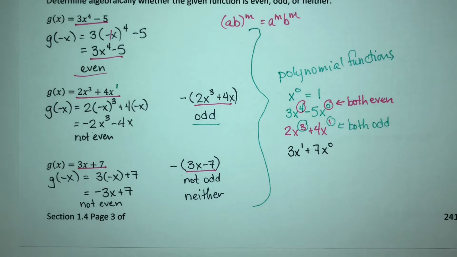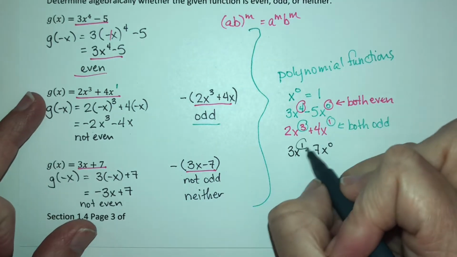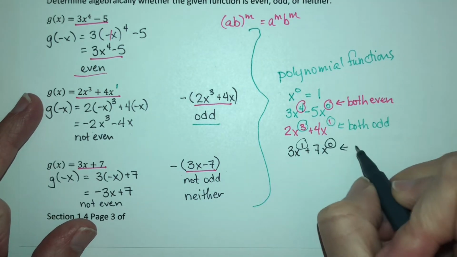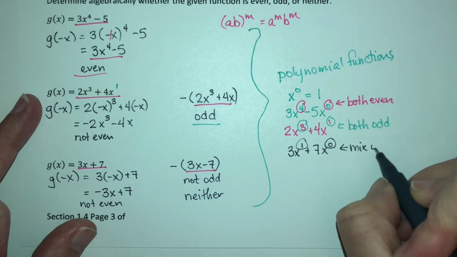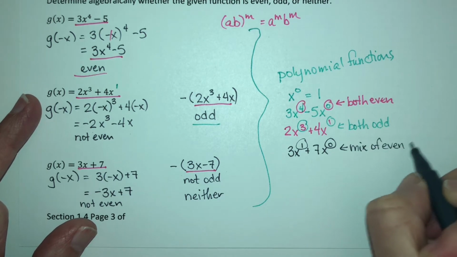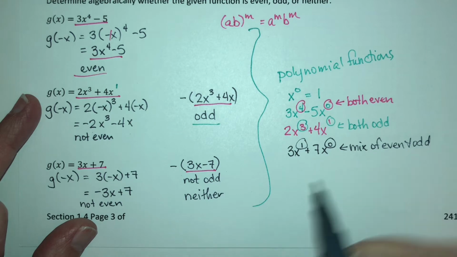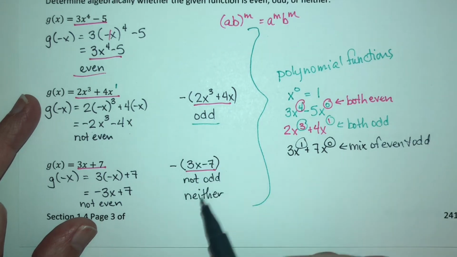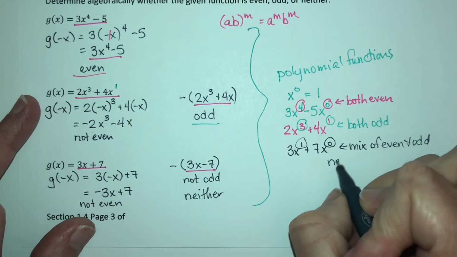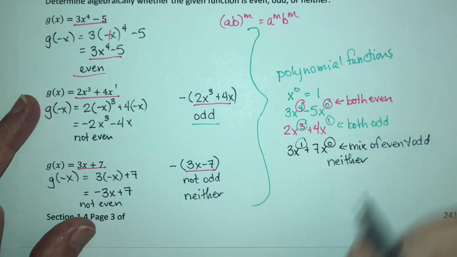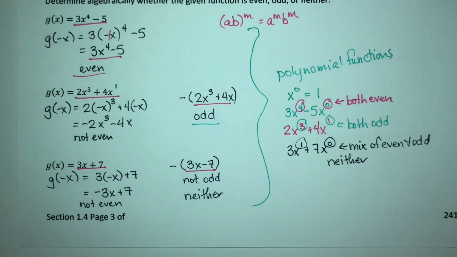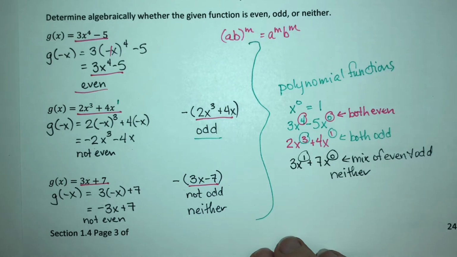And then finally, right here, you have a mix of even and odd. So it ends up not being either one of them. So if you have a polynomial, you can use this trick. It just doesn't work if it's not a polynomial.